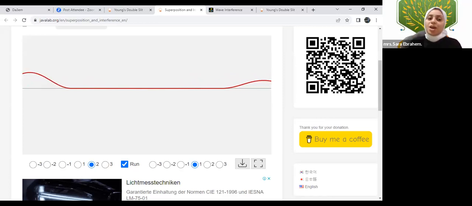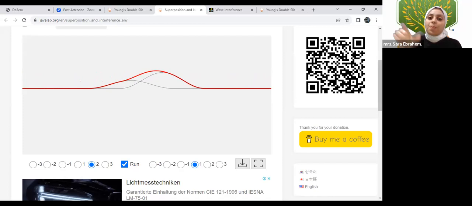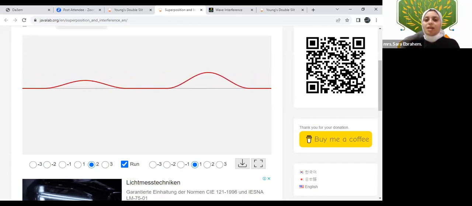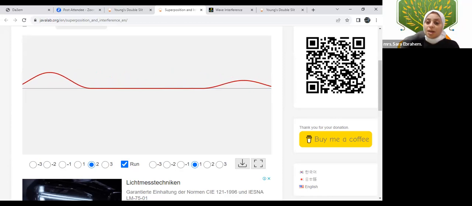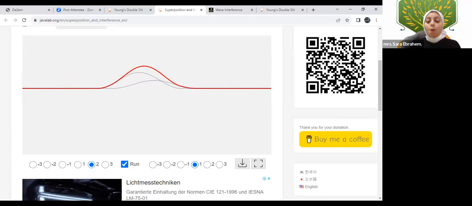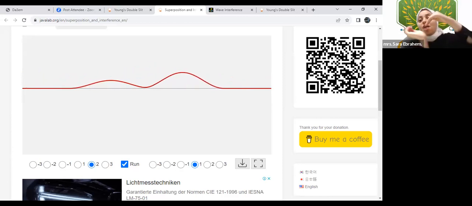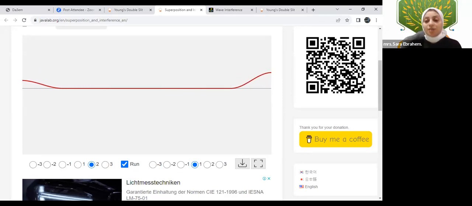When crest meets crest, that's called constructive interference and gives a bright fringe. When trough meets trough, that's also constructive interference and gives a bright fringe. But when crest meets trough, that's called destructive interference, and that gives a dark fringe.